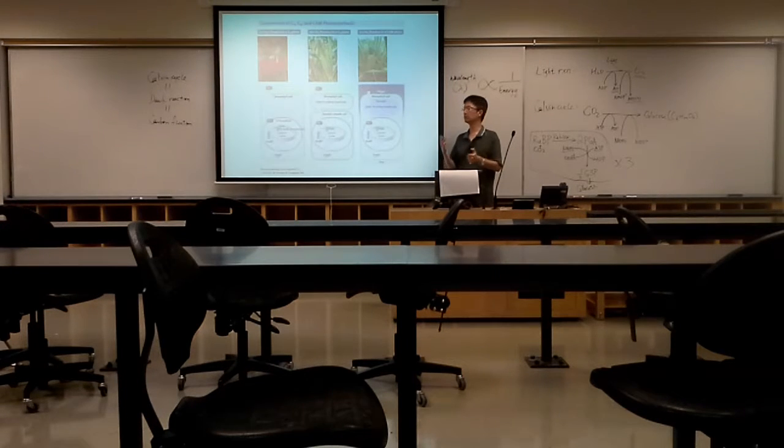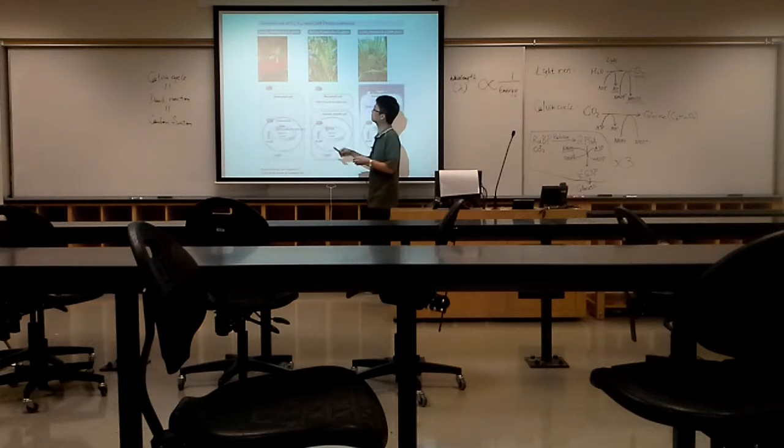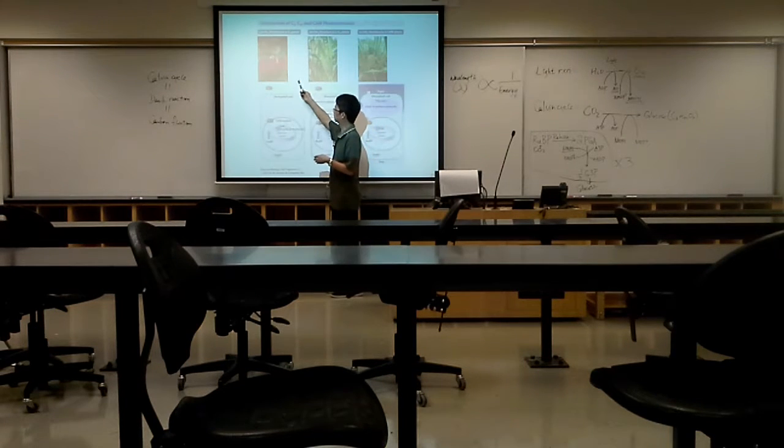So we will talk about how C4 and CAM plants evolved to solve this issue. So again, in a C3 plant, carbon dioxide goes in because originally the stomata should be open so that carbon dioxide can go in, so that it will make sugar.